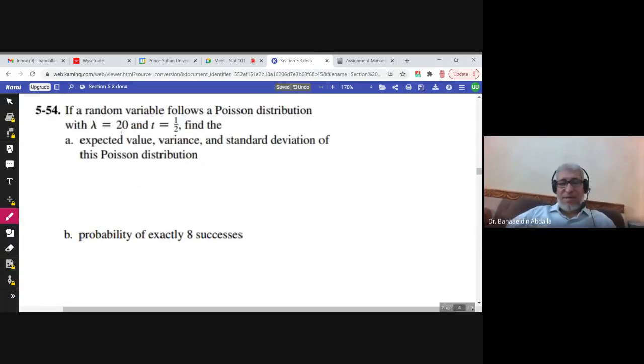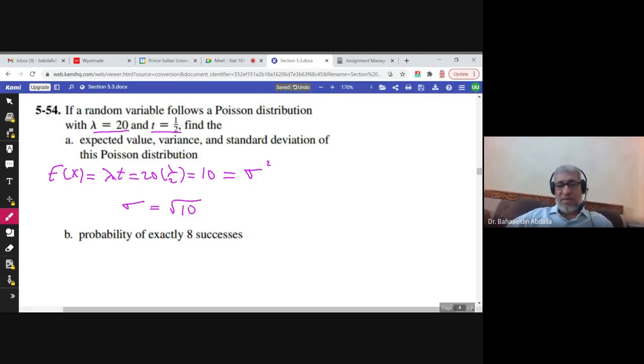Another example: if a random variable follows a Poisson distribution, lambda is 20, t is half, find the expected value. The expected value is the mean, lambda times t, so it's 20 times half, which is 10. The variance is exactly equal to the mean. The standard deviation is sigma, and it is the square root of the variance.